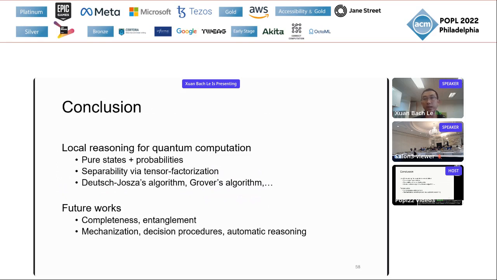For future work, we plan to work on the completeness of our framework and extend it to reason about quantum entanglement. We are also interested in mechanizing the framework and developing decision procedures to support automatic reasoning. So that's it. Thank you.